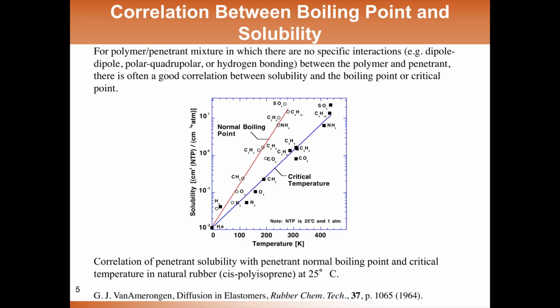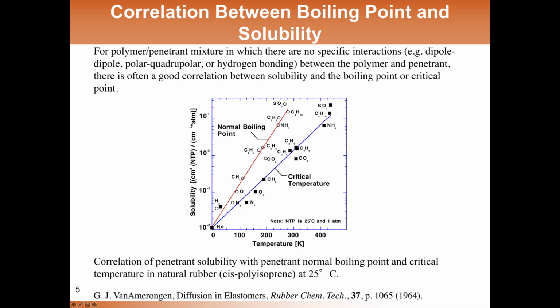And with a number of polymers and penetrants, particularly those in which there are no specific strong interactions between the polymer and penetrant, there's often a really good correlation between solubility and boiling point or critical point temperature.